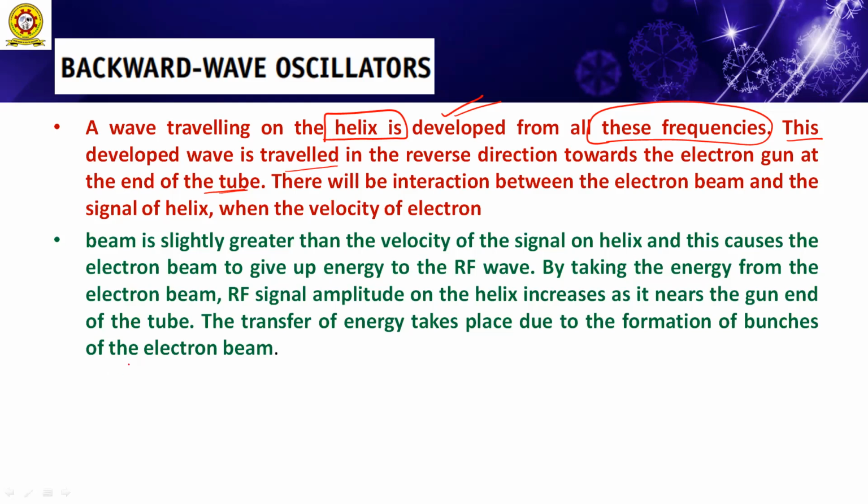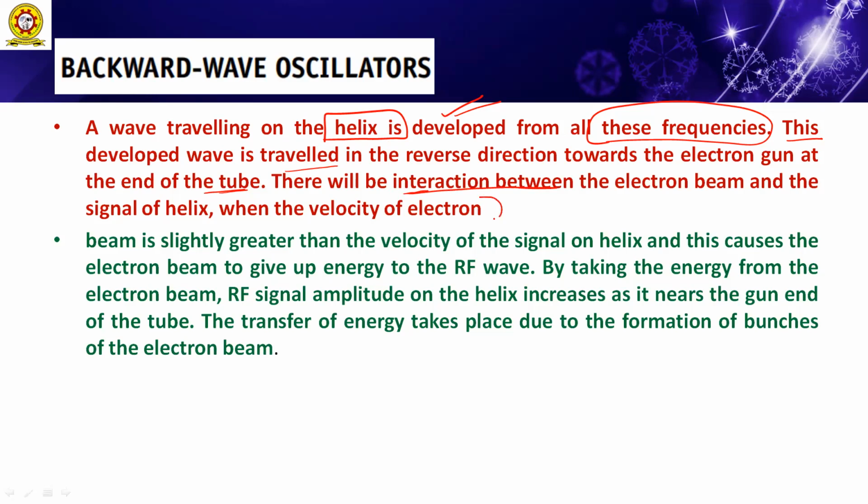Therefore all oscillations are due to reflection phenomena, from being imperfectly terminated at the end of the collector and at the end of the helix. So reflected waves result in this backward wave oscillator. There is a good interaction between the electron beam and the signals of the helix.